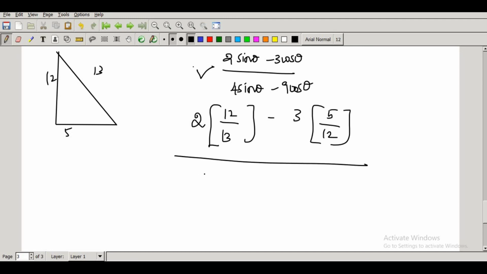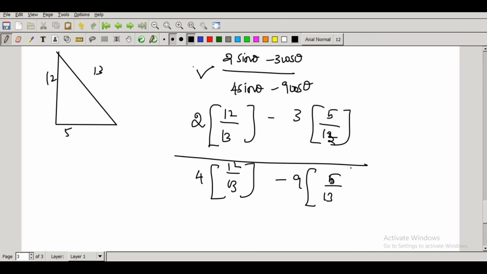The whole divided by 4 sine theta, which is 4 times 12 by 13, minus 9 times cos theta, which is 5 by 13. It's 13, not 12, because the hypotenuse is 13.